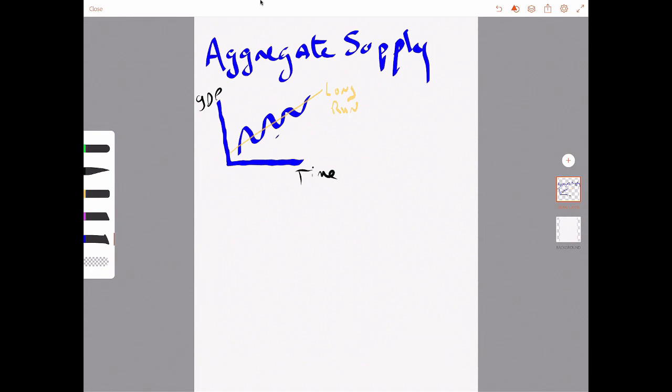So the business cycle itself is the short run, the kind of day-to-day stuff, the month-to-month stuff. But the long run, over time, we hope to see things increasing. And we should expect that because that tends to be the pattern that we observe.